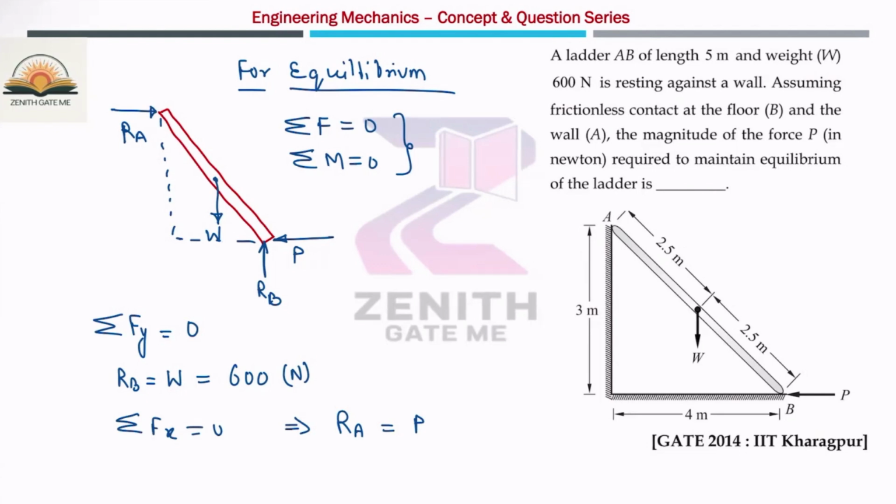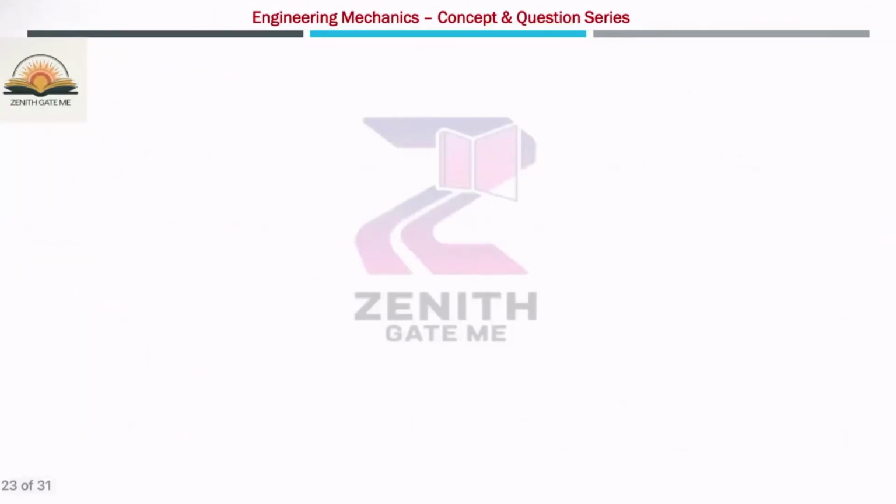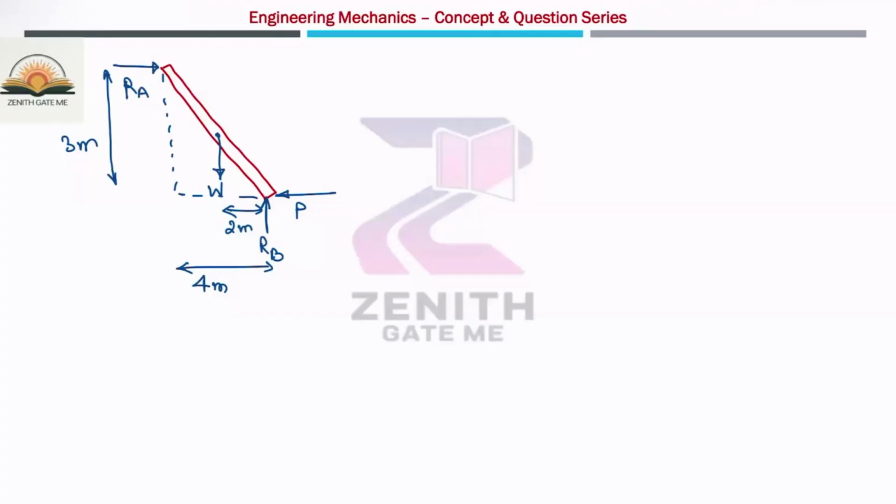What is that equation? Take the moment about any point will be 0. So what I will do, I will take the moment about this point, and about this point, which forces are creating a moment? This W and this RA. Okay, so let me take this figure. And you can use the third equation, which is nothing but the summation of moment about any point is equal to 0.